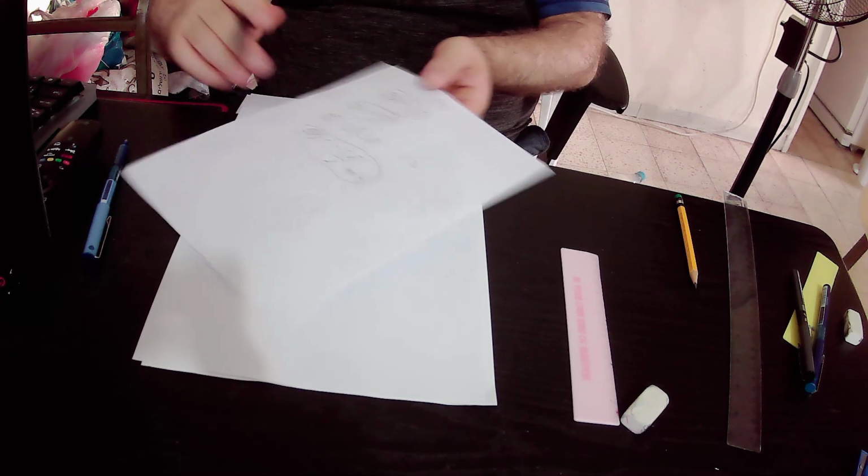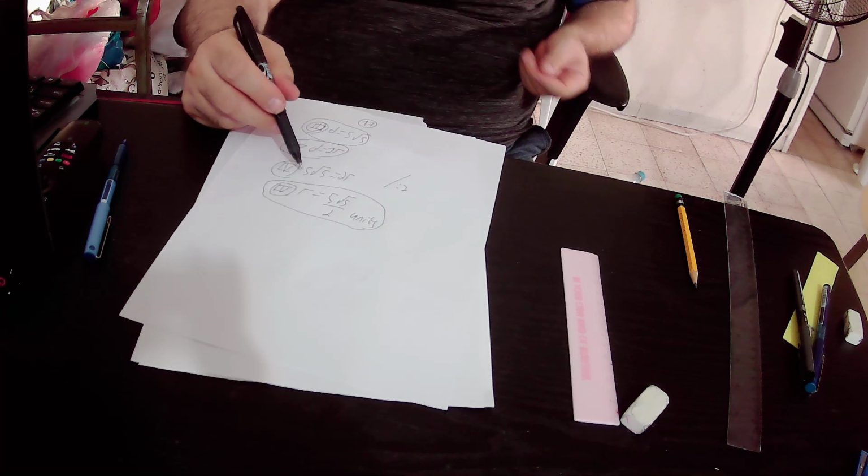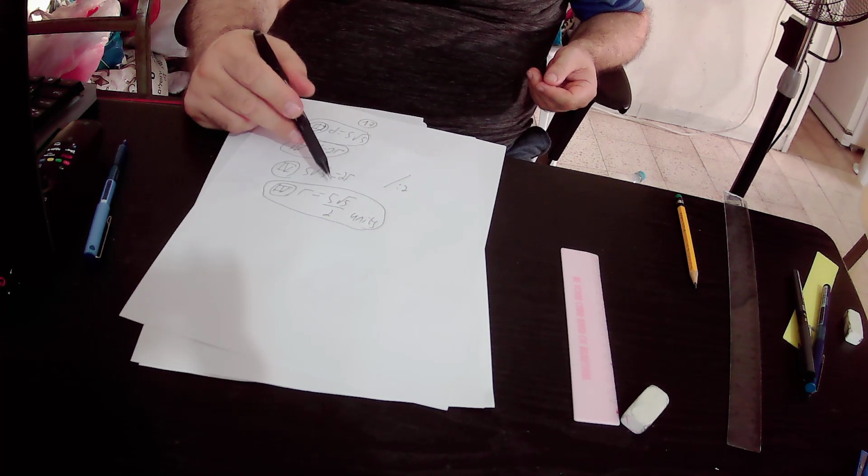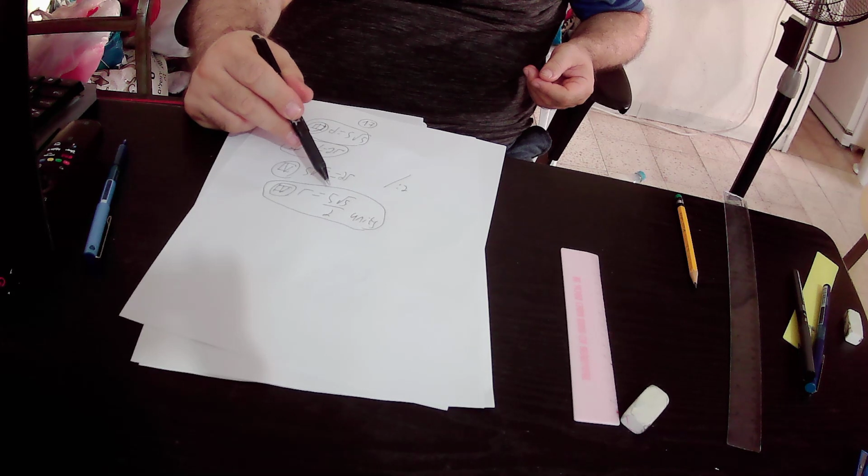So we divided equation number 4 by 2 and we got that the radius of the circle equals 5 times root 5 over 2 units.